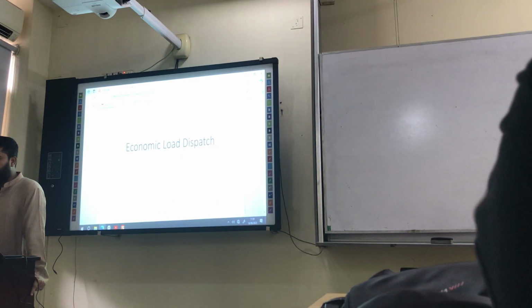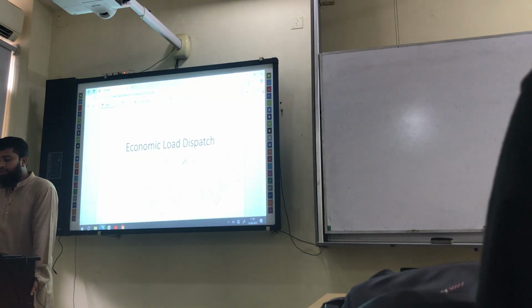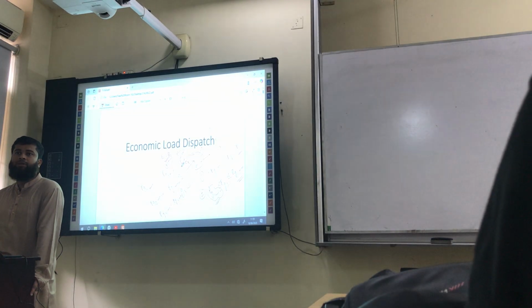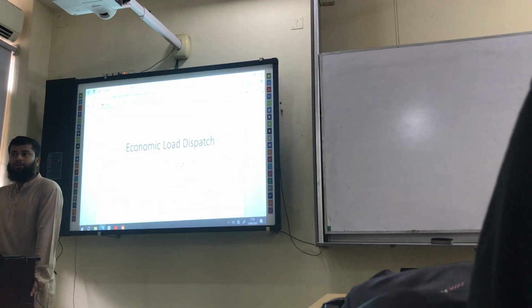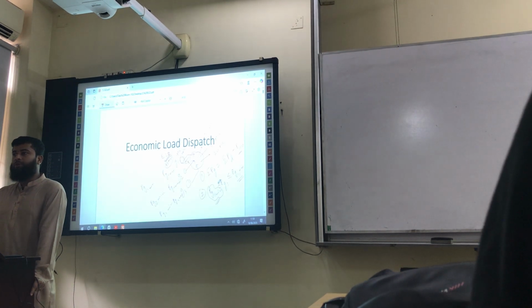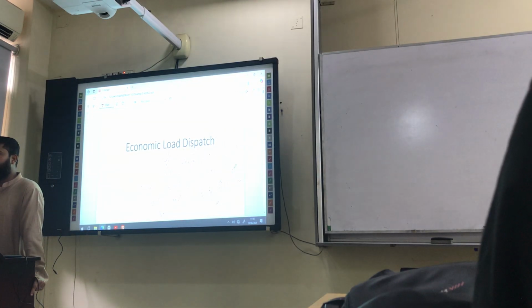Now will this machine work as a generator or motor? It will work as a motor. To prevent this phenomenon, and to ensure your generator is actually working as a generator, you need some minimum amount of power generation from it. Now obviously these values will be given within the generator network.